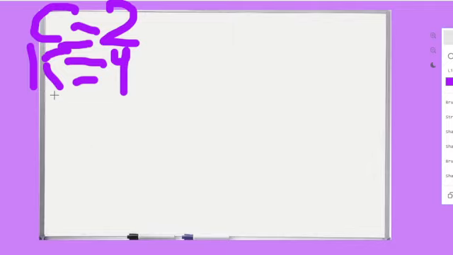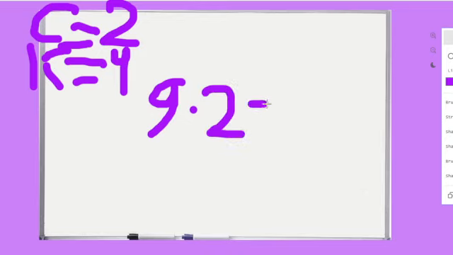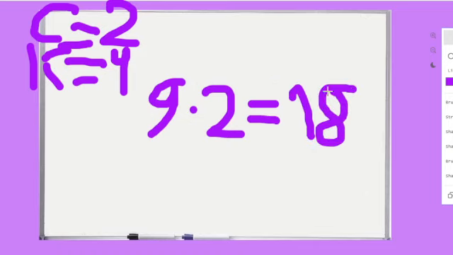So, there's 9 chickens, which means that for chickens it's 9 times 2. That equals 18.